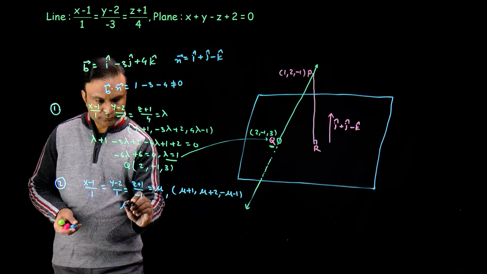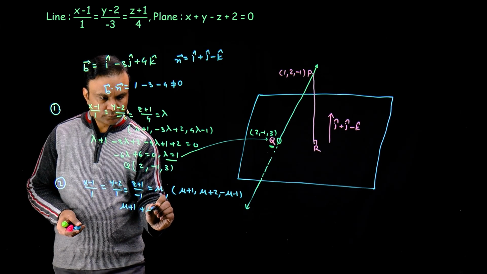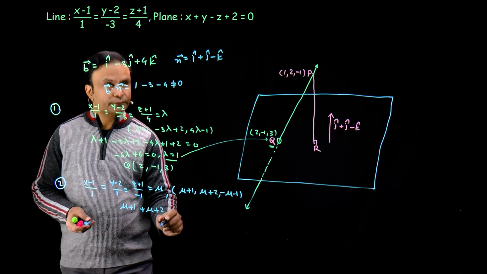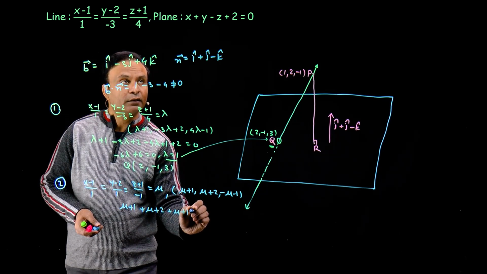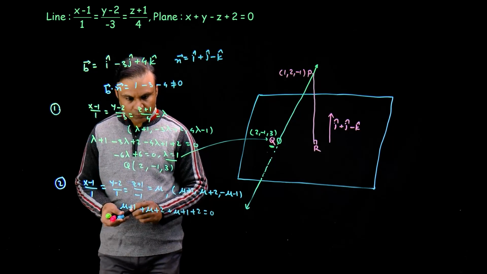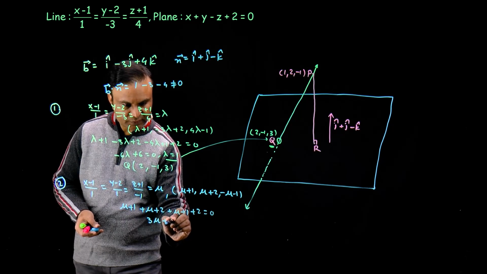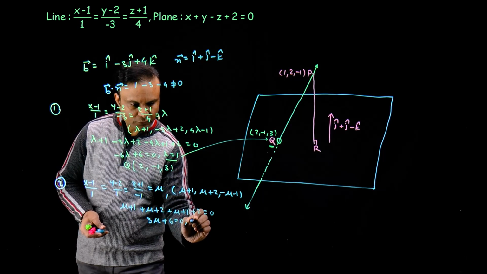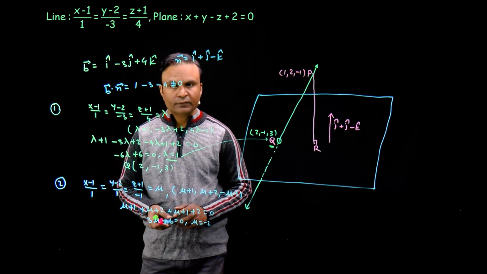We get mu plus 1 plus mu plus 2 plus mu plus 1 plus 2 is equal to 0. Now we have this is 3 mu plus 6 is equal to 0. So the value of mu is minus 2.